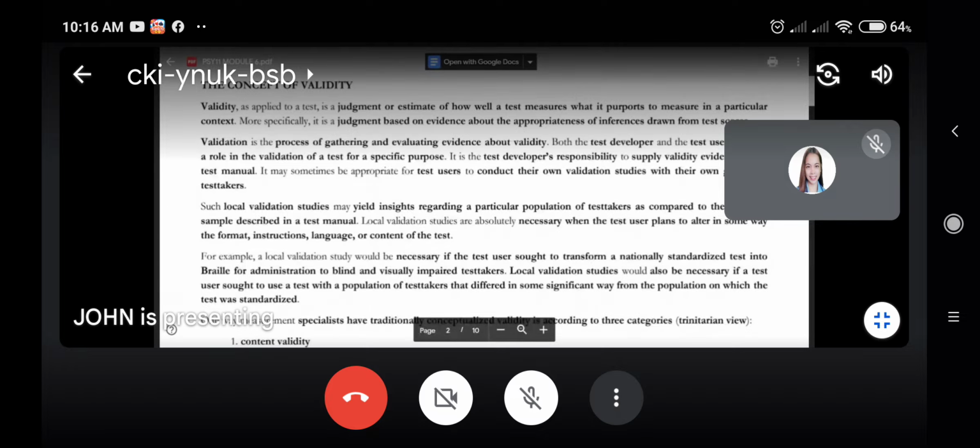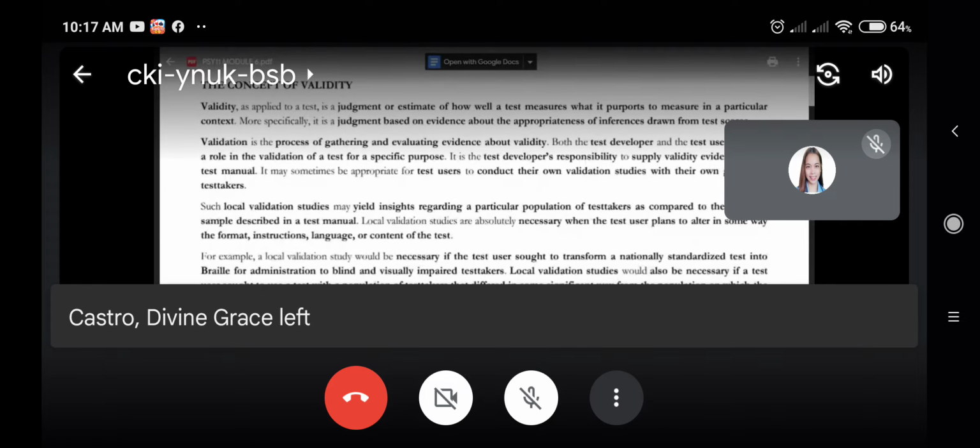So, parang, di ba, pag nagre-research kayo, if you're doing a research study, then, di ba, there is a portion there in the methodology, which is the data instrument. That is a particular portion of the methodology wherein you're going to discuss the validity and reliability of the questionnaire or the instrument that you will be using on your test.